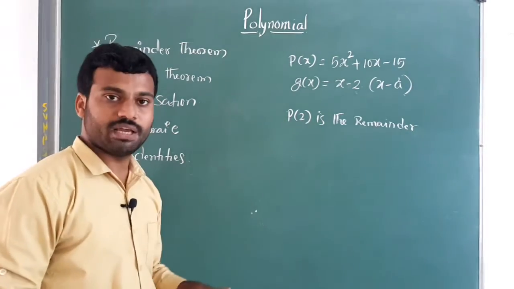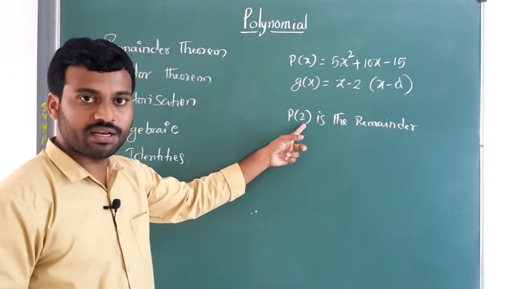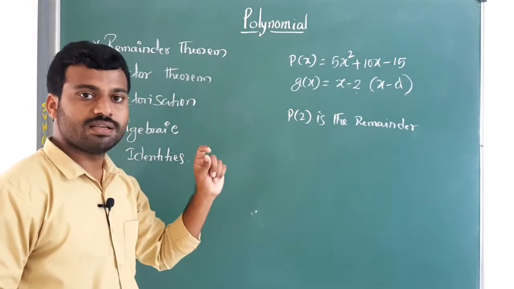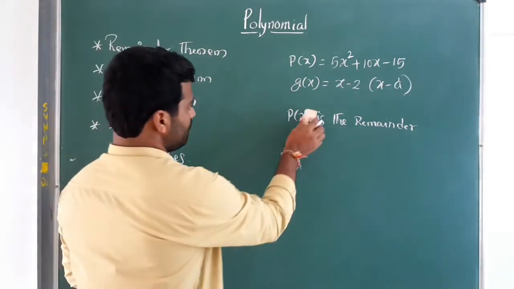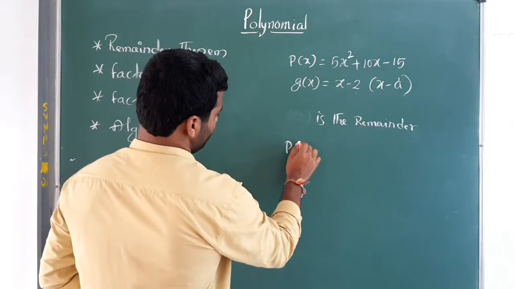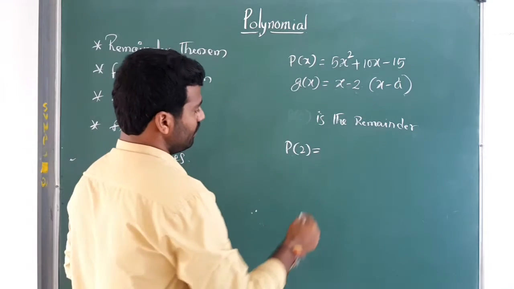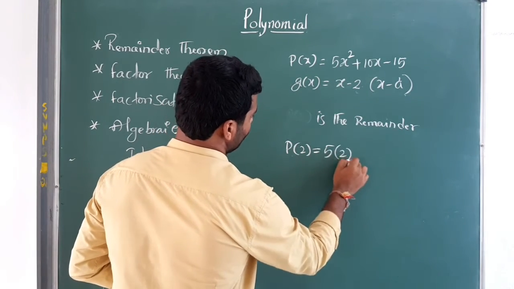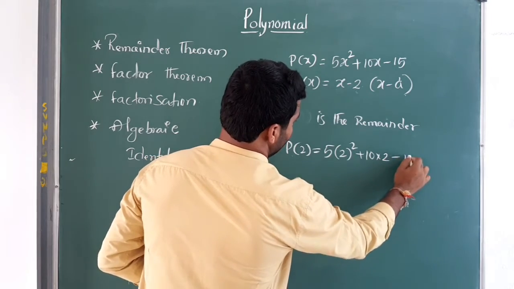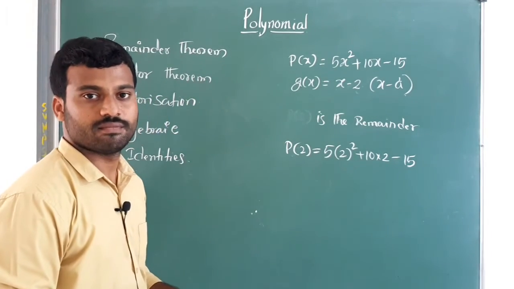Then what is the value of p of 2? Don't just say p of 2 is the remainder. You should substitute the value 2 in this polynomial. That value is the remainder, not just the expression p of 2. Don't get confused. So substituting x as 2, we get 5 into 2 square plus 10 into 2 minus 15.